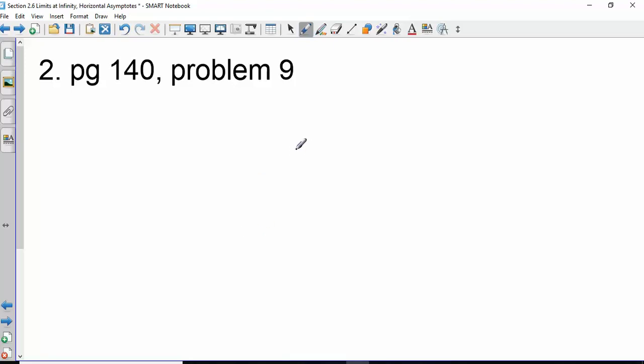So you have to draw a graph that meets all of these requirements. I intentionally picked one that had a lot more requirements than any of the graphs I'm giving you. So I'm doing probably the hardest one out of this. So let's go through the requirements and see what it says.